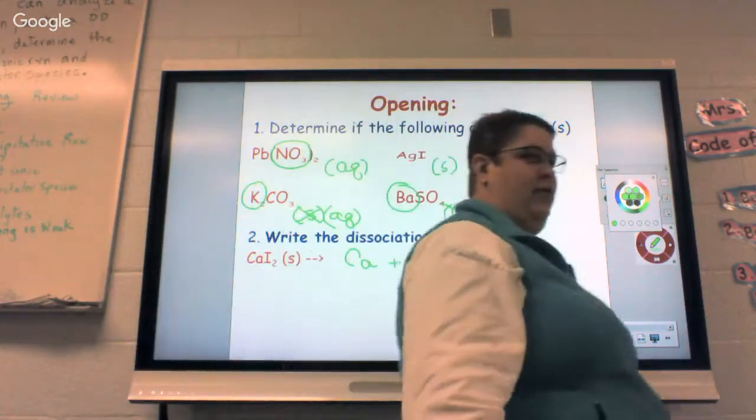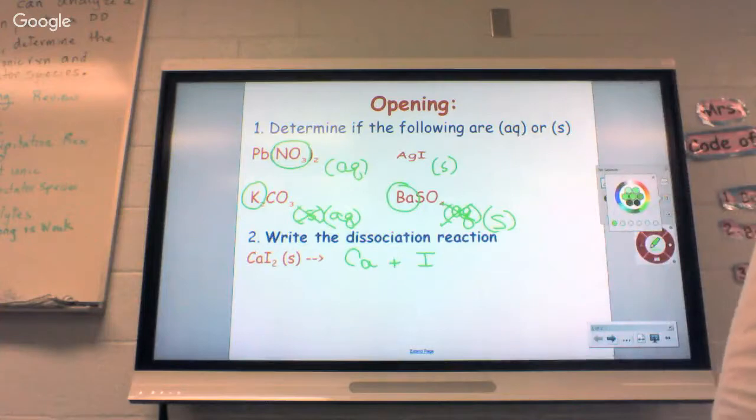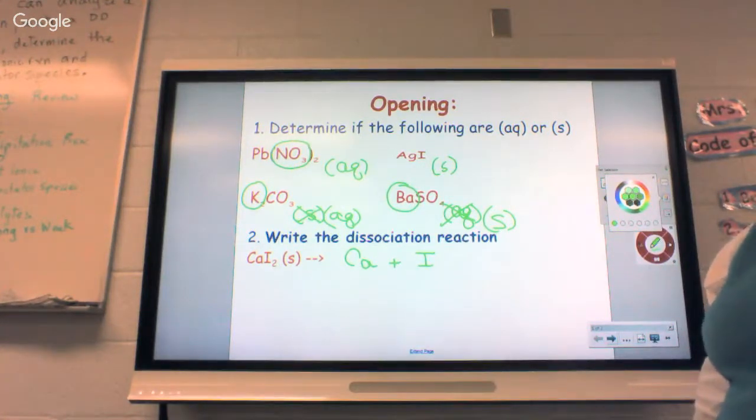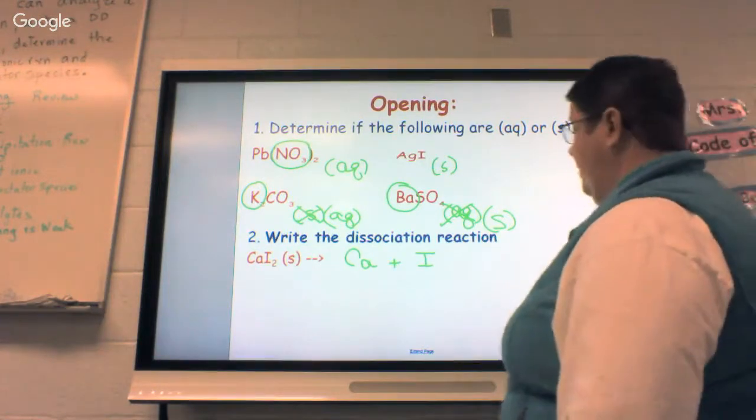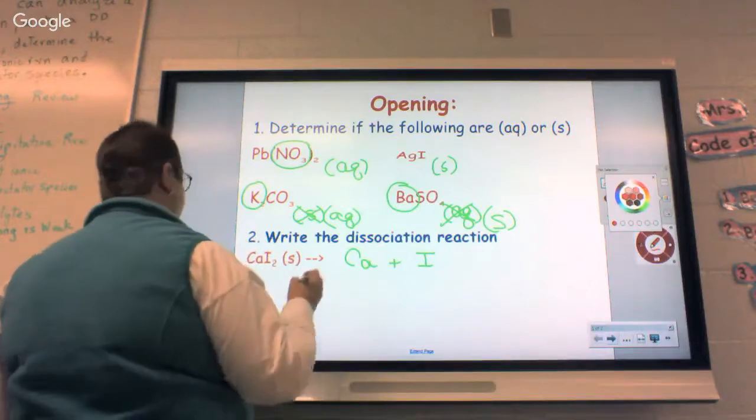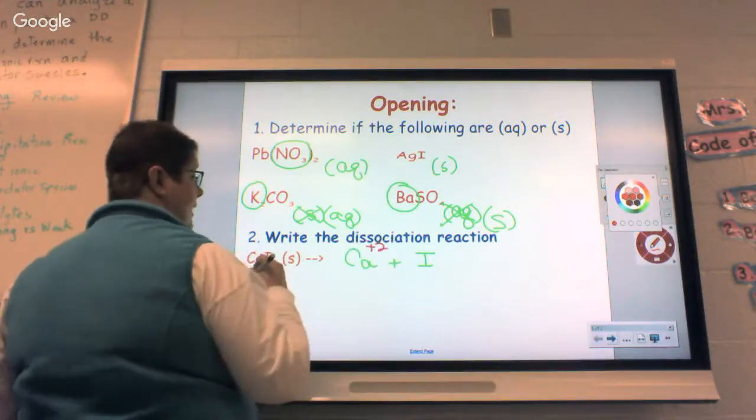Now, how do I show their ions? There's two things I have to do. All right, I'll need to balance it at the end. So what do I have to do before that? Oxidation number. So what oxidation number does Ca have? Okay, +2, and iodine.